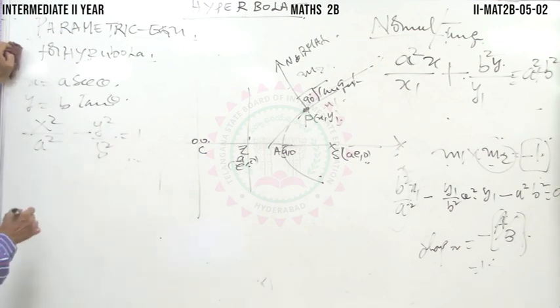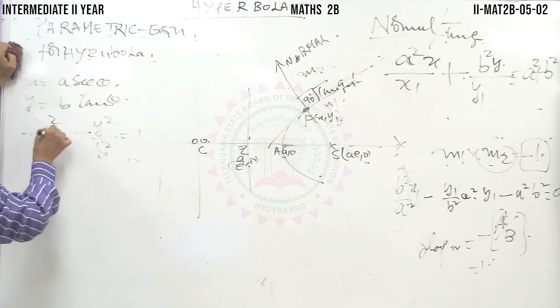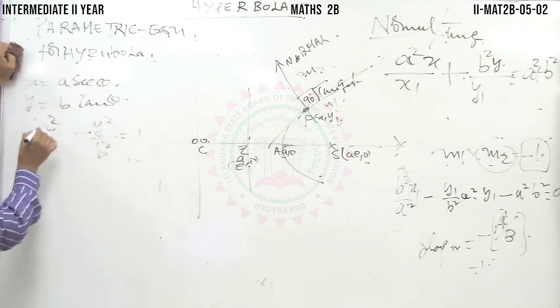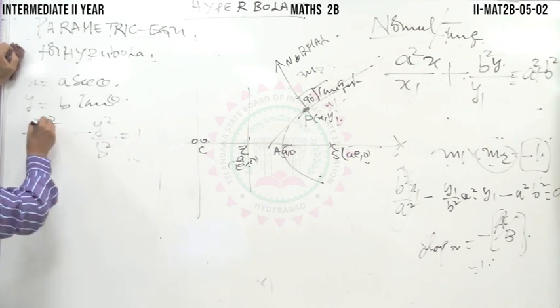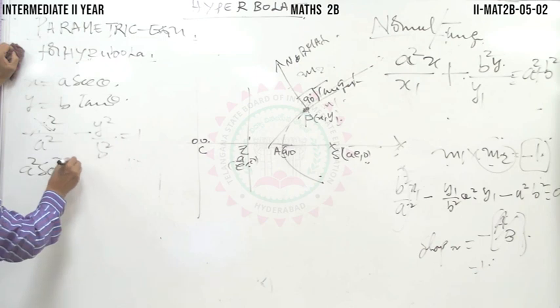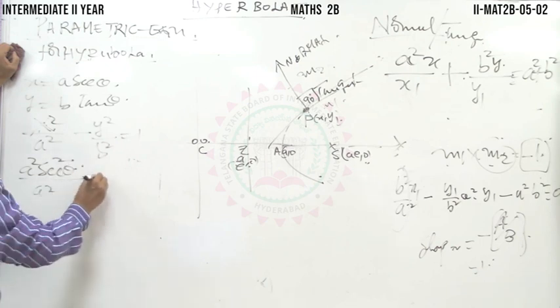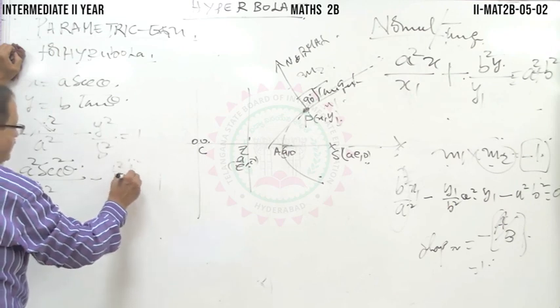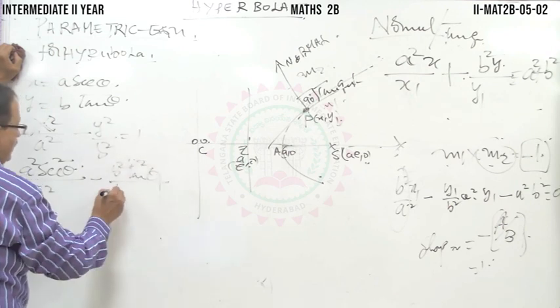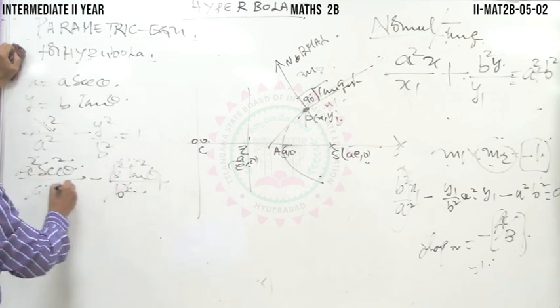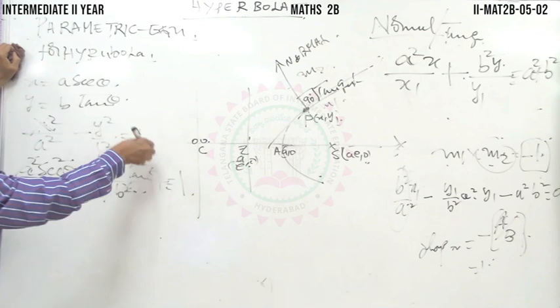So in x square by a square minus y square by b square is equal to 1, in the place of x, if you substitute a secant theta, it is a square secant square theta by a square, minus y square, as you have seen, b square tan square theta divided by b square. This b square is gone, a square is gone, right hand side 1 sustains as it is.